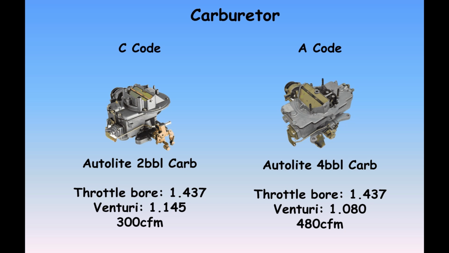That's not where the throttles are, but right above that, and that's what determines your flow, your cubic feet per minute. So the 2-barrel has 300 cubic feet per minute, and the A code, the 4-barrel, has 480 CFM. And that's a slightly smaller diameter, 1.080, and it's the same on all 4 barrels. So it's the same on the primaries and secondaries.